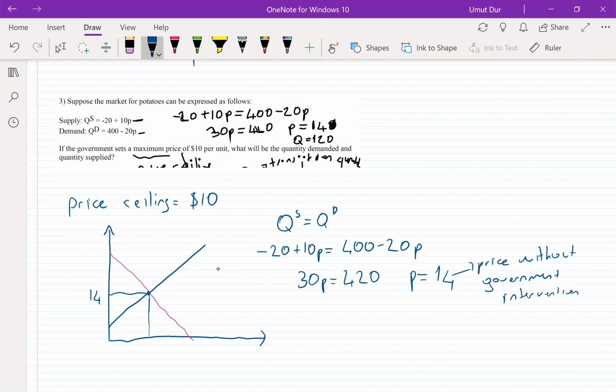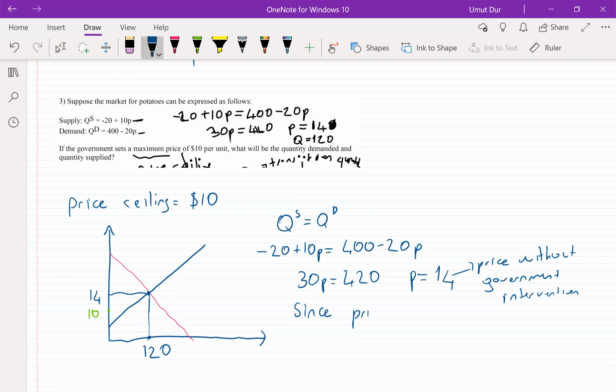The corresponding quantity, if I put that price into either supply or demand, happens to be 120. Now the government is telling us that the maximum price that can be charged is $10.